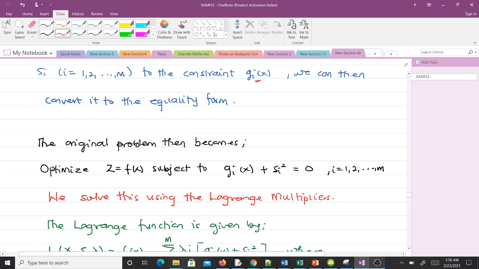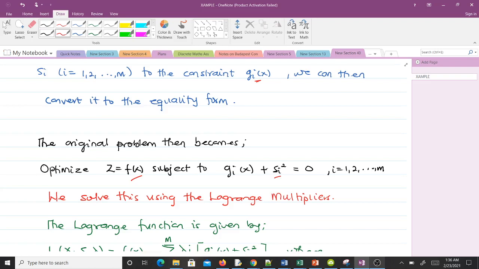Okay, so you could see that now the original problem becomes: optimize the same objective function, but now our constraint has plus s_i squared attached to it. The reason why we use s_i squared is because we want our slack to be non-negative.